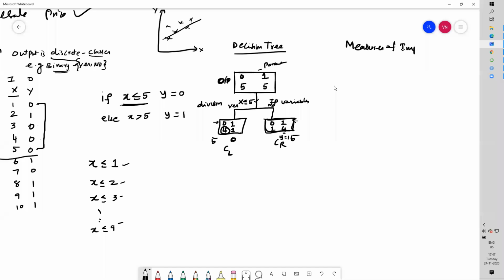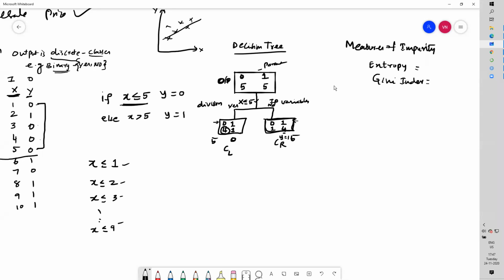So what are the measures of impurity here? The generally used measures of impurity are entropy and Gini, called the Gini index. These are the two measures used to decide whether the split that we have made using X is really separating your Y well or not.